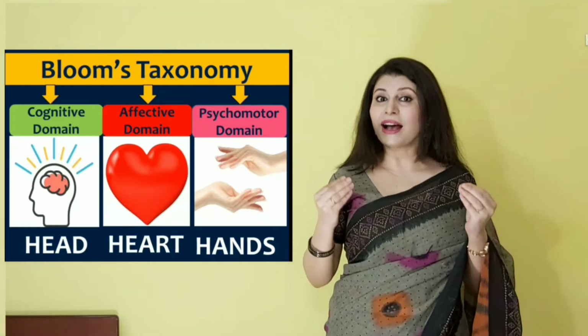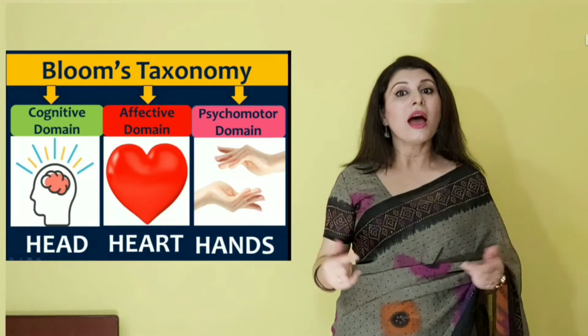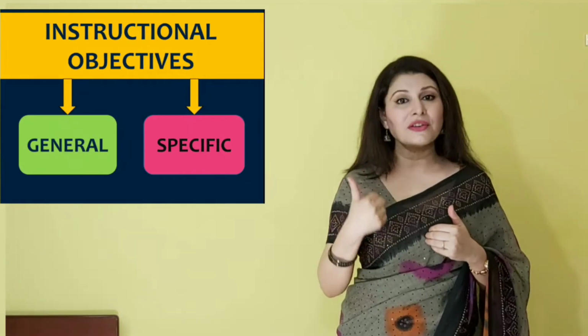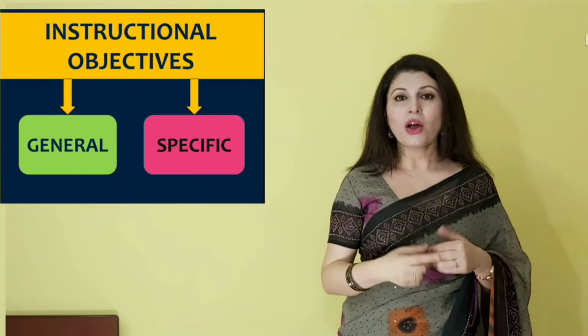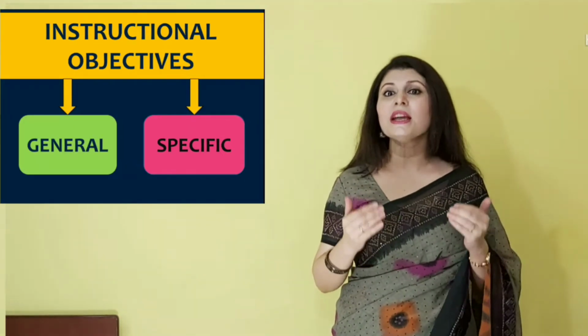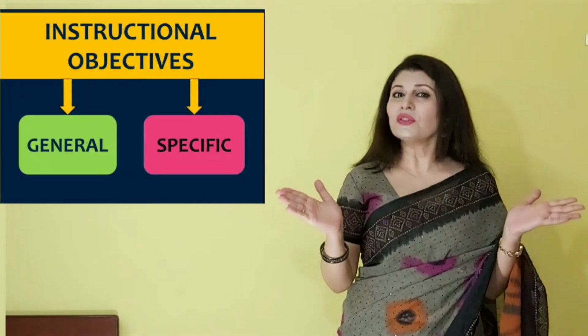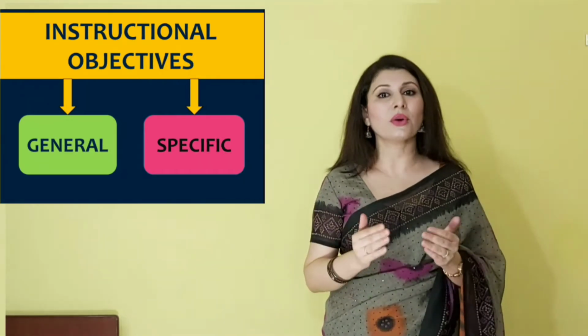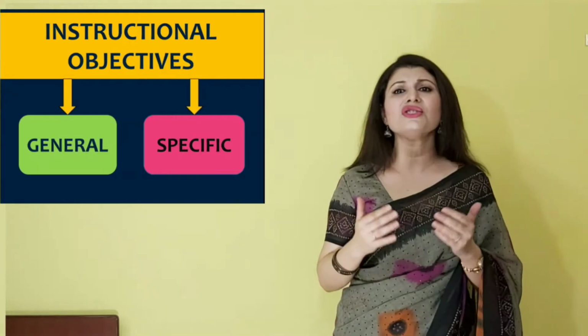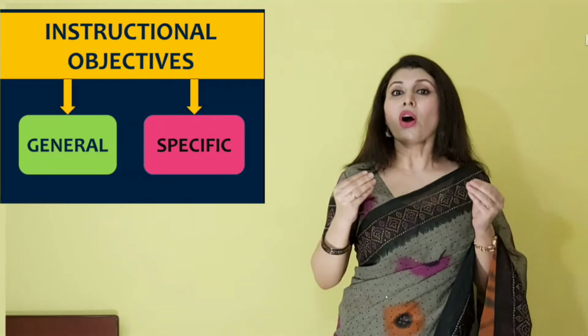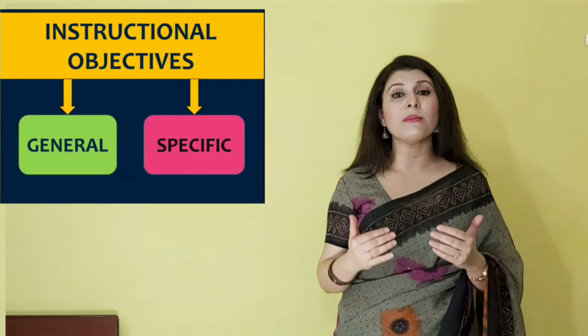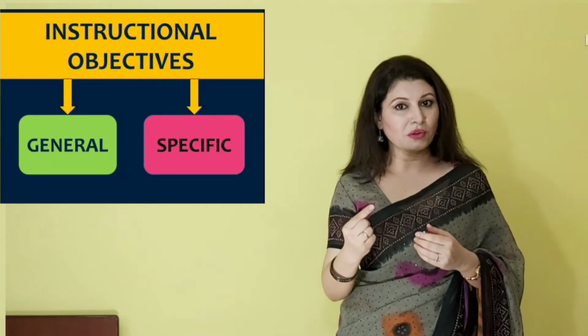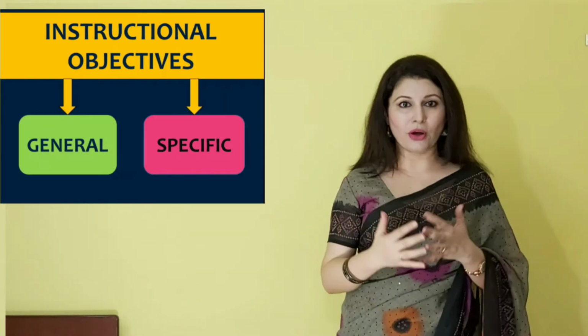Each domain has its own objectives, and each objective has its own specific objectives. So, instructional objectives are of two types, general and specific. Objectives created keeping in mind the vast view of the subject or unit are called general objectives or general aims, and objectives designed keeping in mind the specific purpose of the text are called specific objectives.